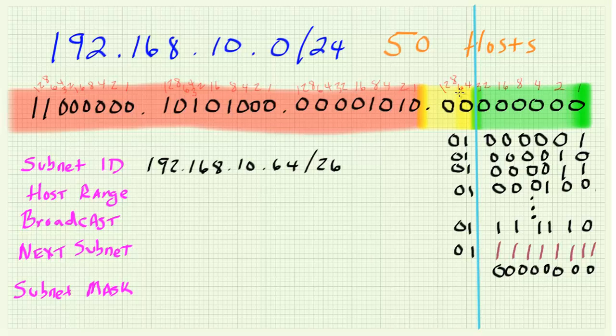ID. So what's the host range going to be? So what will be the valid host IP address range? Well, we can figure that out just like we figured it out before. When we set our first host bit to 1, then what does that value become? Well, in our previous subnet, it became simply 1 because all of the subnet bits were 0. But now we have one subnet bit in the 64's position set to 1, so we have to take this entire octet in its entirety, even though it's composed of some subnet bits, 2 subnet bits, and host bits, 6 host bits.